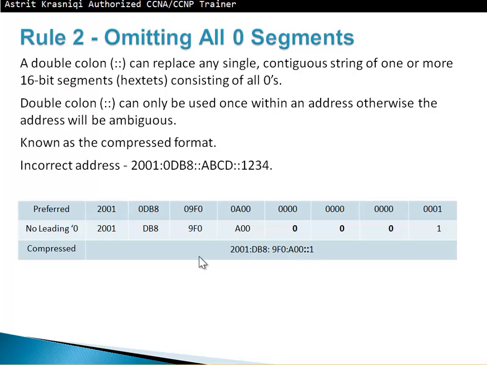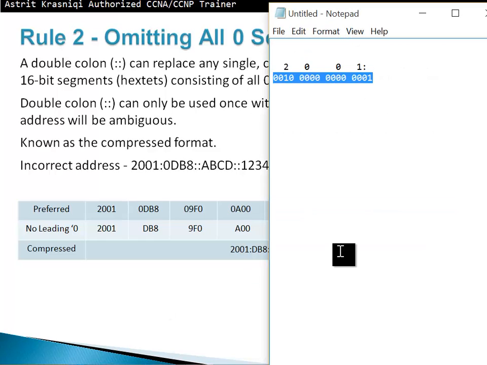Now it's important to know that this double colon can be used only once. You can't use it more than once, because then the IPv6 address will be ambiguous. For example, this was one of the interview questions, I think it was 2001. If we have an address like this, say 0A00 and then 0000, there has to be 8 hextets.